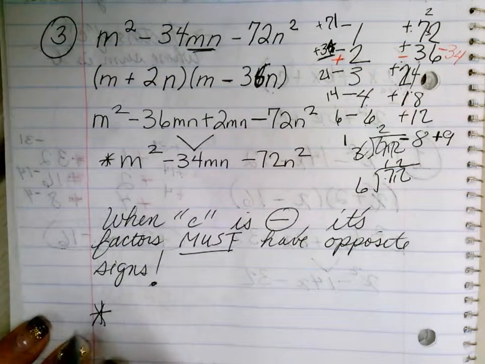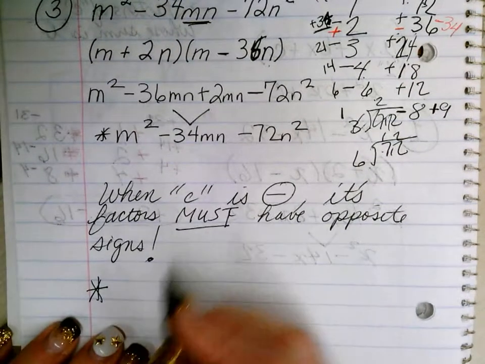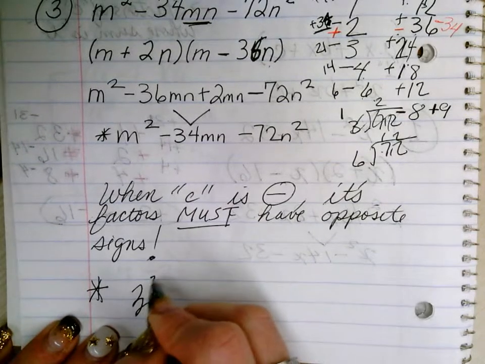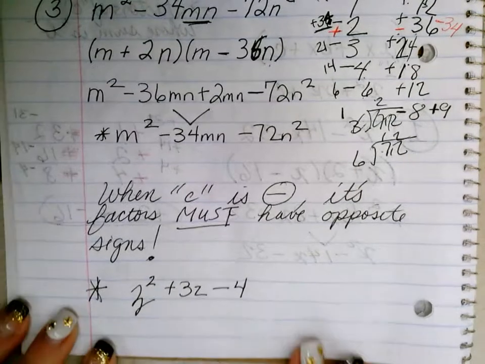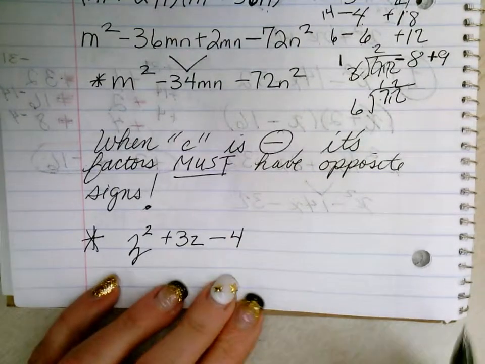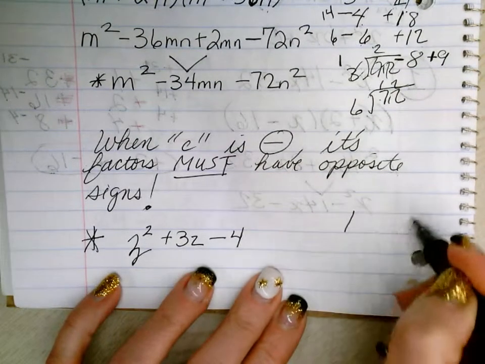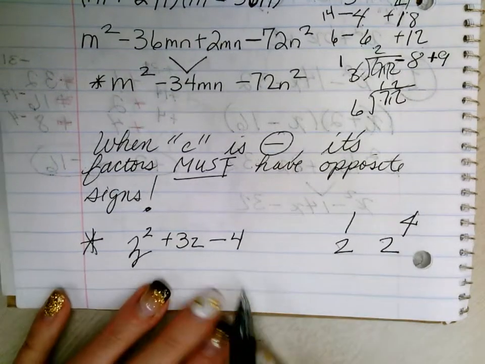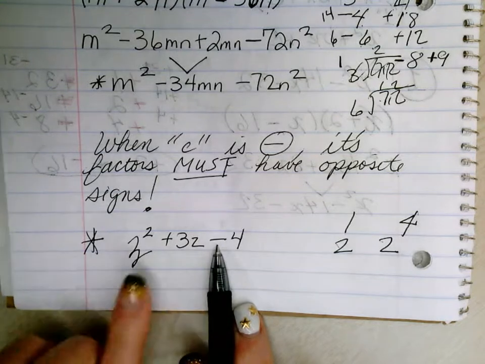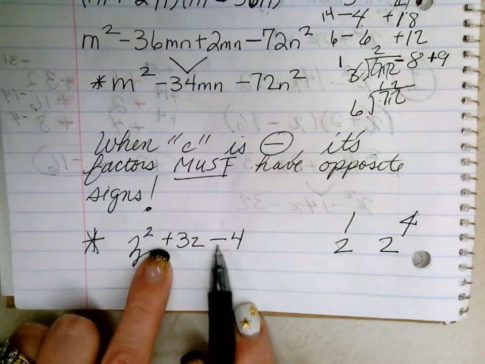But, so for the sake of oral number 11, z squared plus 3z minus 4. Boy, it's nice when these are nice small numbers, right? Factors are 1 and 4 or 2 and 2. Somehow I need to create a negative in that position with a sum of positives.